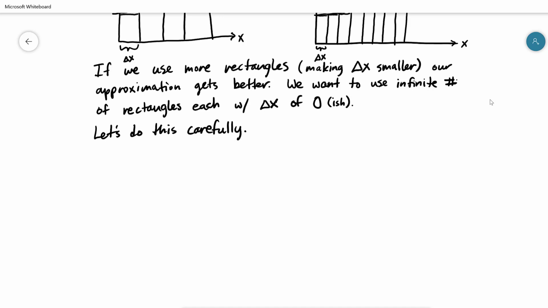I'm going to label the point where we evaluate f of x for each rectangle, so to get the height of each rectangle.